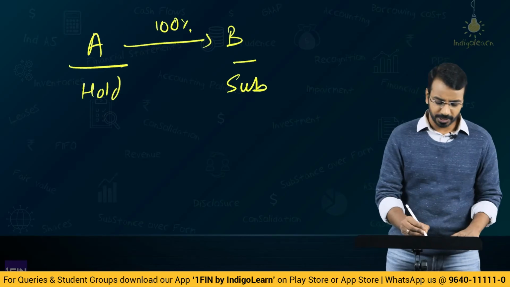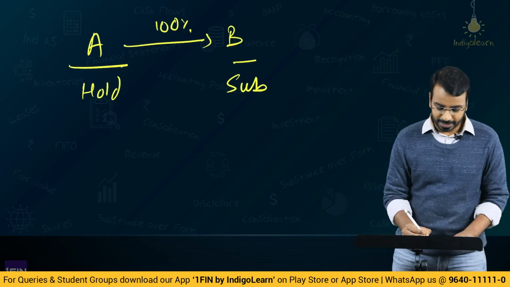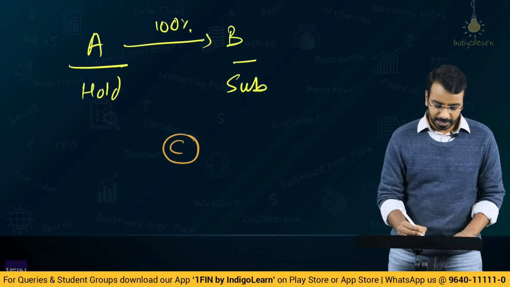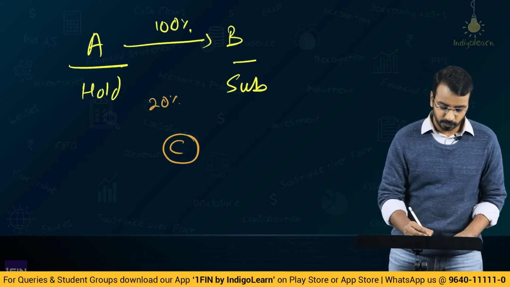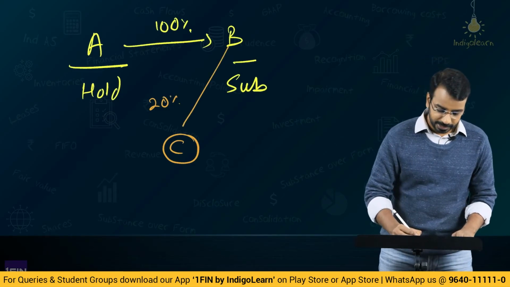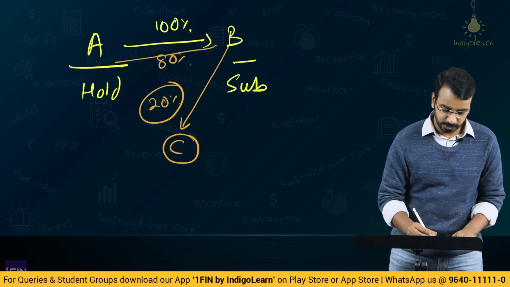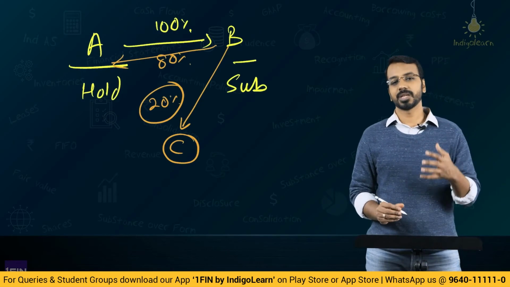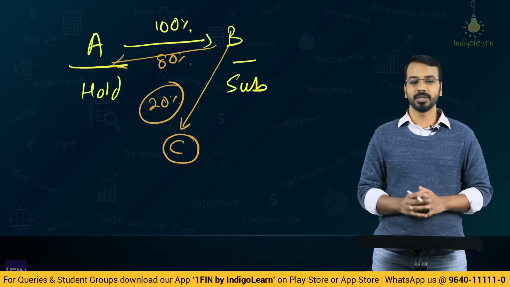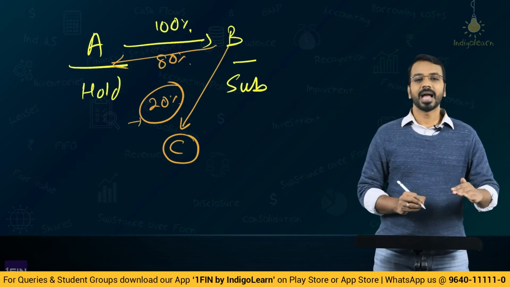Say for example, after a certain period of time, A sold 20% stake which it holds in B to another investor called C. So basically now after the sale, C holds 20% in B, A holds 80% in B. So earlier it was 100%, now A holds 80%, C holds 20% in B. Now tell me one thing, do we consider this sale of 20% to C as a disposal?